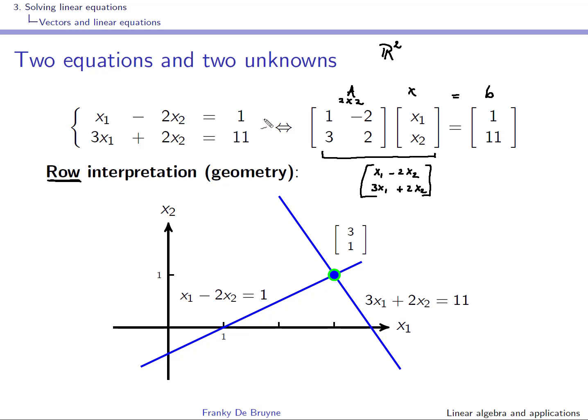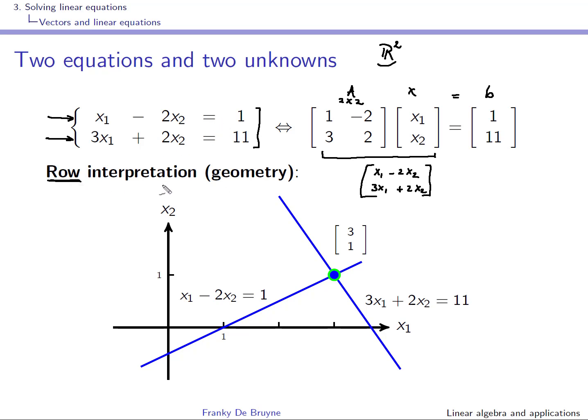And as we have said, these are the equations of two hyperplanes, and in R2 a hyperplane is simply a line. So this is the equation of a line, and this is the equation of a line. So asking the question, is there a solution to this system of equations, is simply the same as asking, is there an intersection between those two lines?